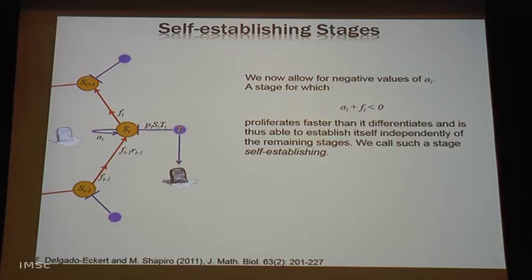And this is an important detail because this happens in biology, so you want your model to be capable of describing that situation. And it turns out that when you include that feature, so this parameter is allowed to be negative, all the previous results remain valid.